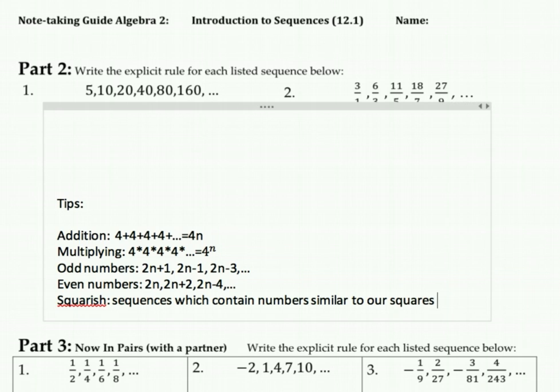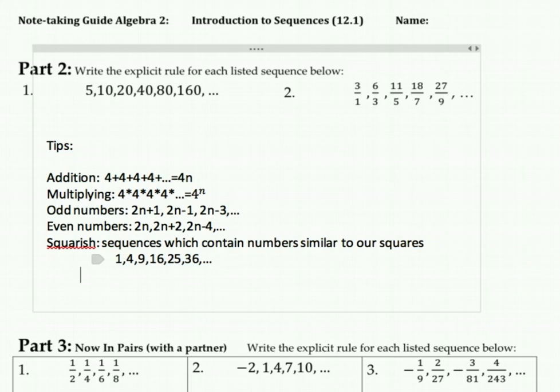What do I mean, numbers similar to our squares? What are the square numbers? Well, 1 squared is 1, 2 squared is 4, 3 squared is 9, 16, 25, 36, etc. If you see numbers in your sequence somewhere like that, it's probably an n squared type of sequence, some version of that.